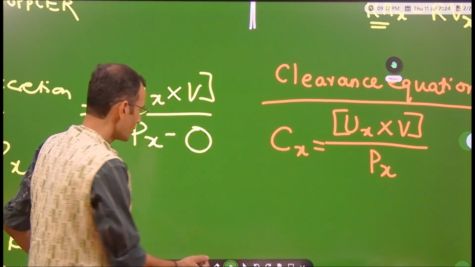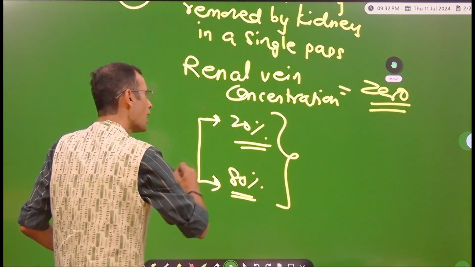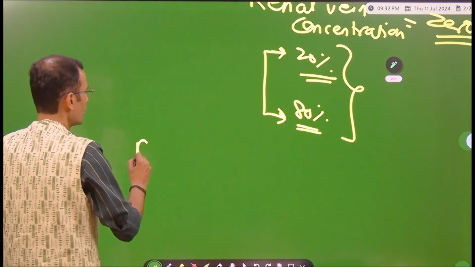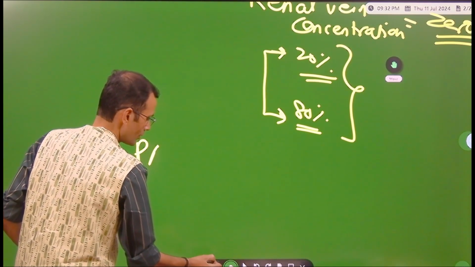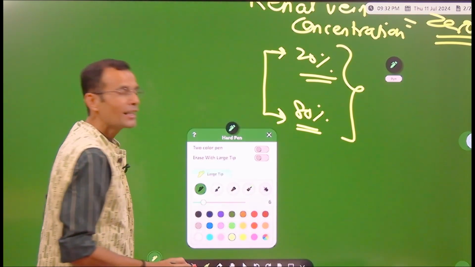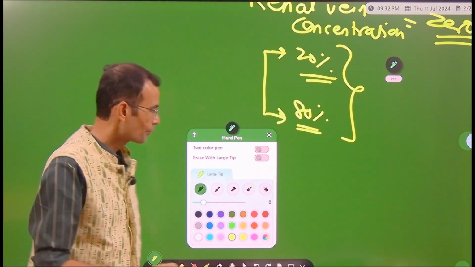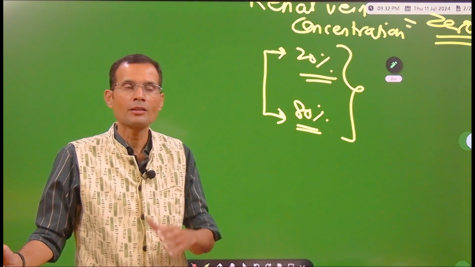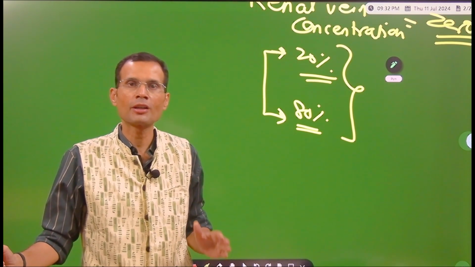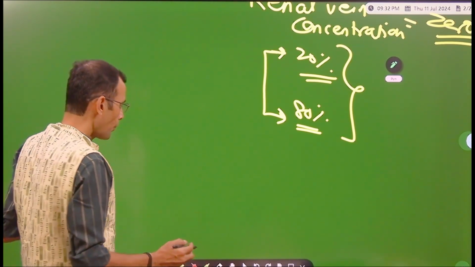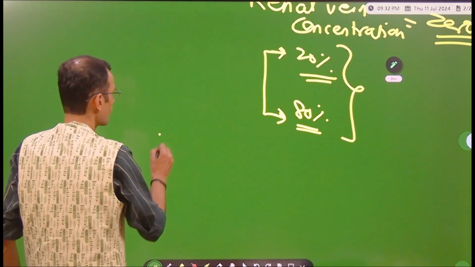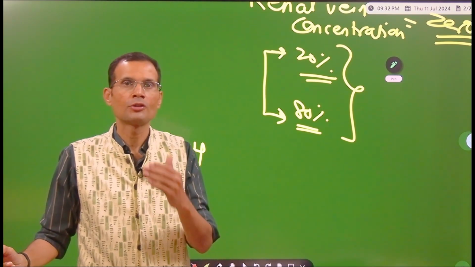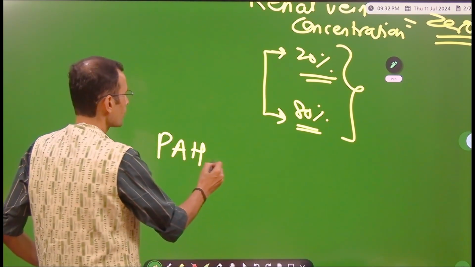So it means that the clearance of that substance will give us the renal plasma flow. And all three properties are there in para-aminohippuric acid, and therefore para-aminohippuric acid, PAH, is most convenient to use to measure the renal plasma flow and renal blood flow.